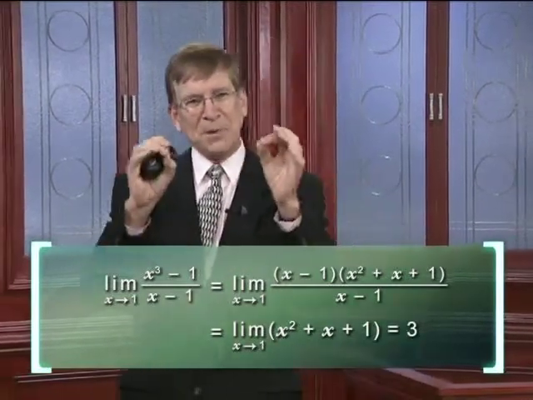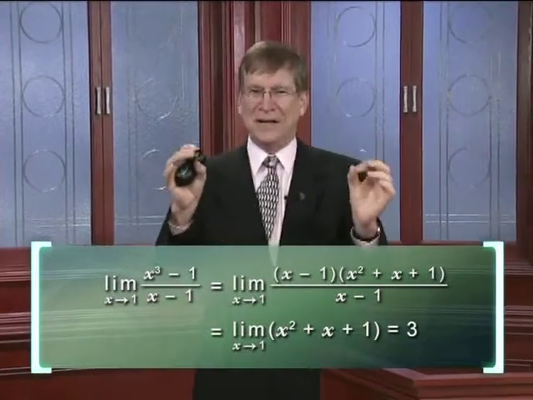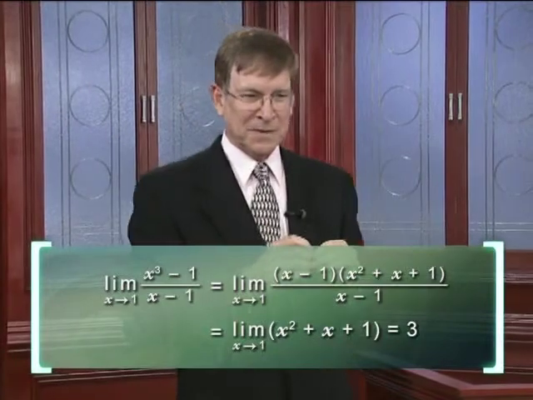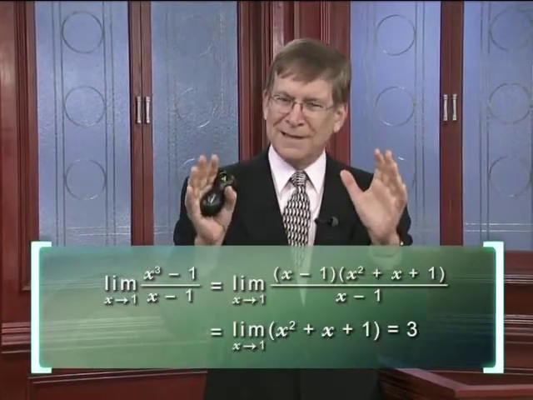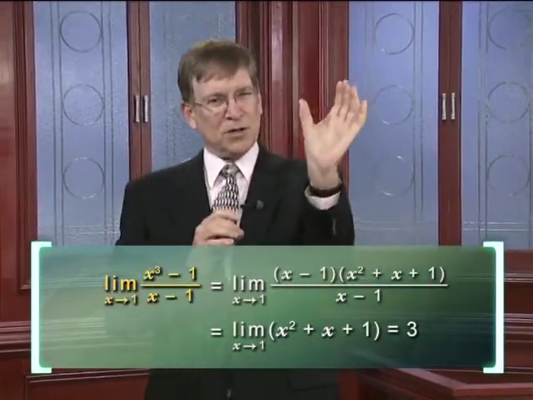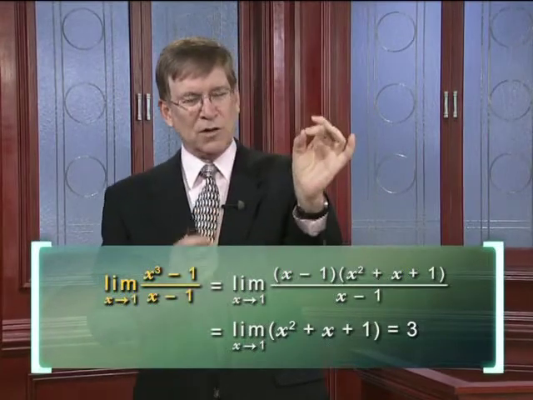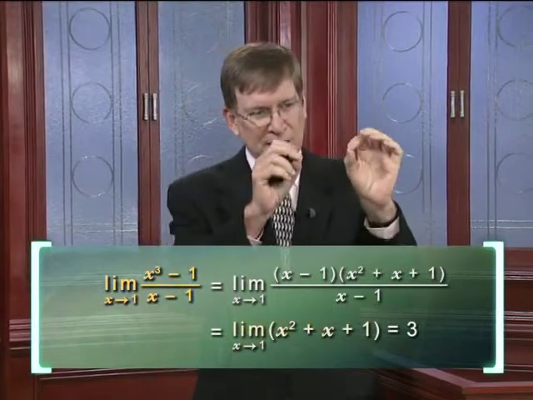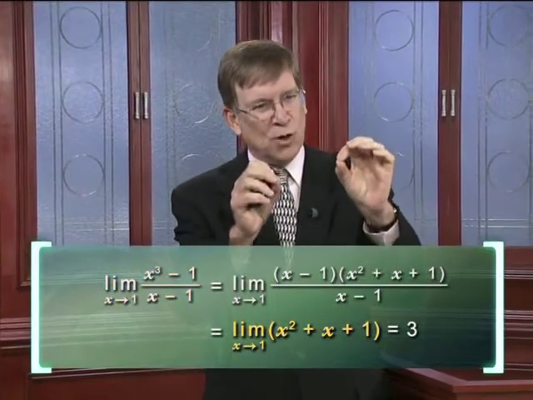Now, a couple of points here. One is we needed a lot of pre-calculus to be successful with this algebraic manipulation. And more to the point here, we started with an expression x cubed minus 1 over x minus 1, and we manipulated that to get an expression x squared plus x plus 1.